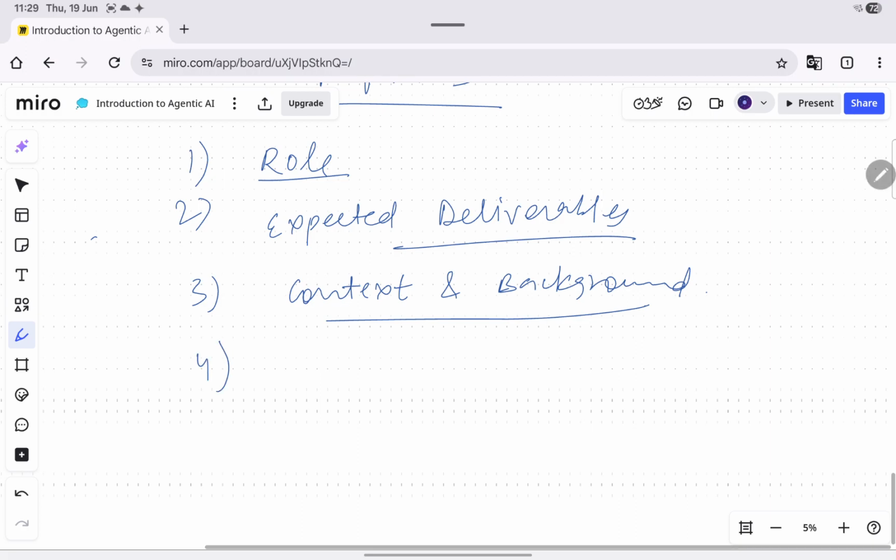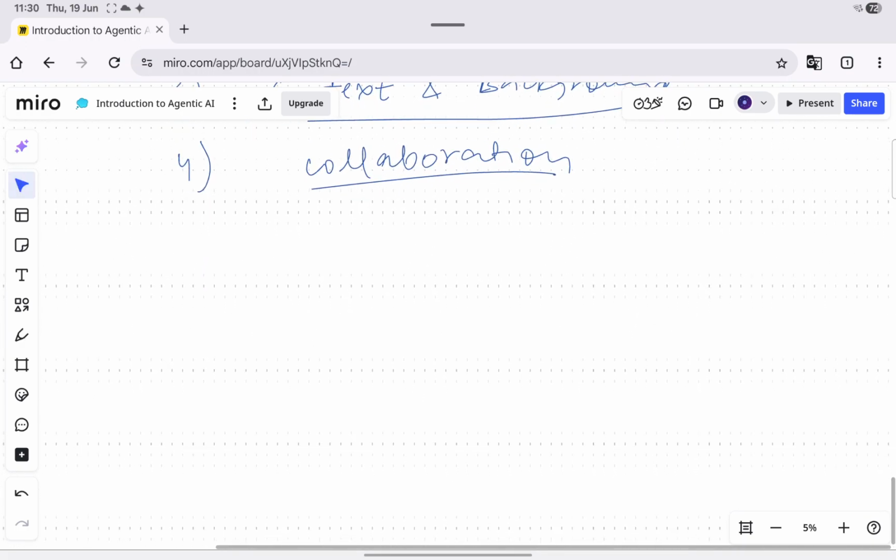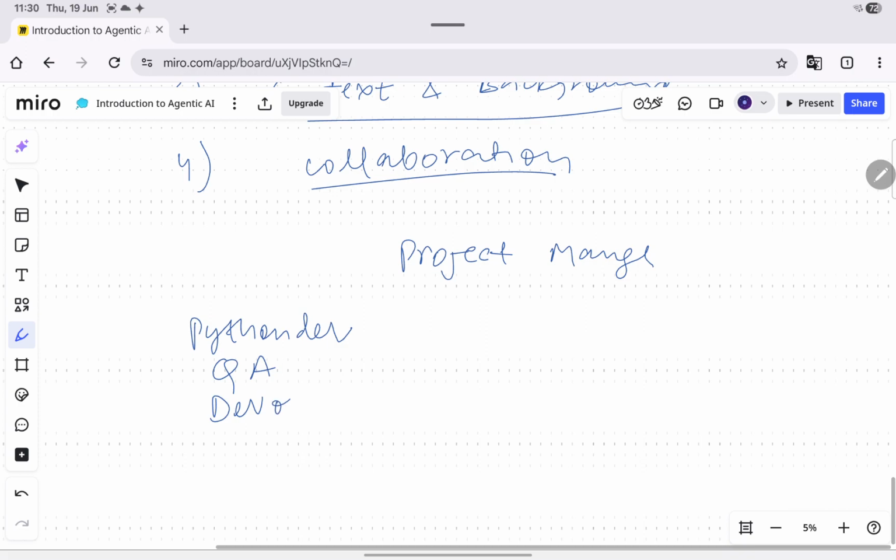Then the fourth pillar is collaboration. How will agents work together? This defines how agents will communicate and coordinate to achieve the common goal. Suppose we have taken the example of the project manager, which has three agents: Python developer, QA and DevOps.